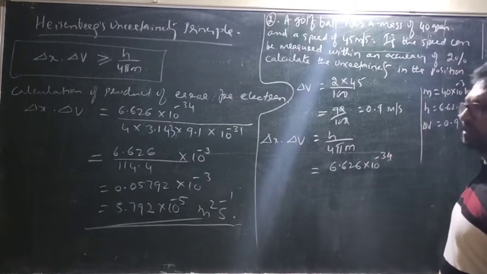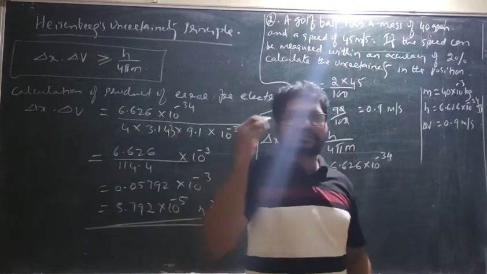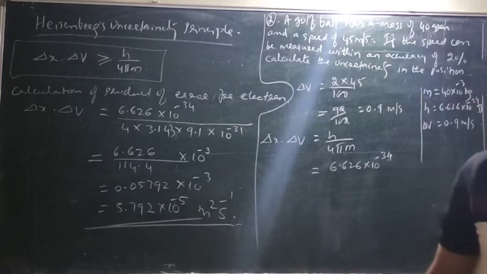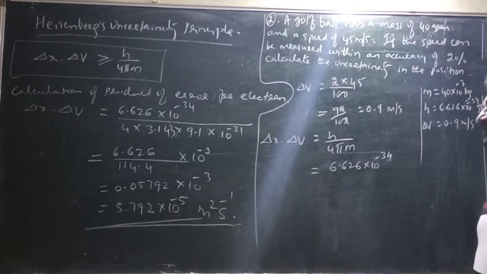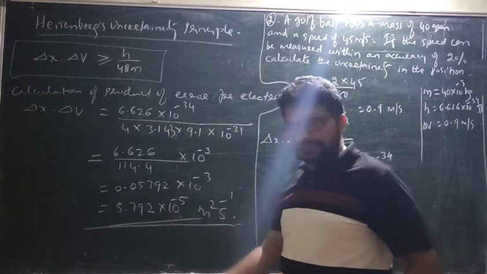See, a golf ball is a bigger particle, so the error is lesser compared to the error for the electron. As mass increases, error decreases because it is in the denominator. So here the product of error; for electron, 10 raised to minus 5 is the order.